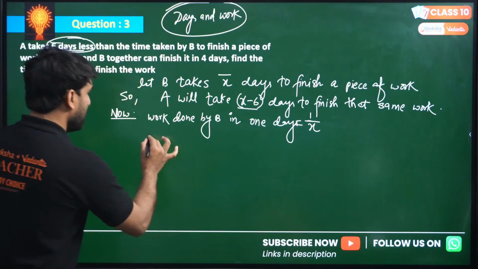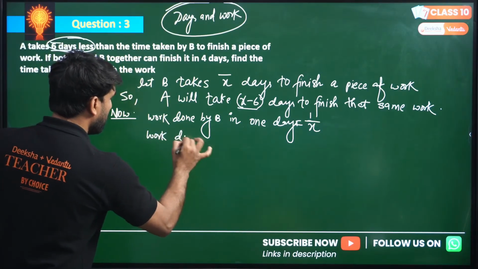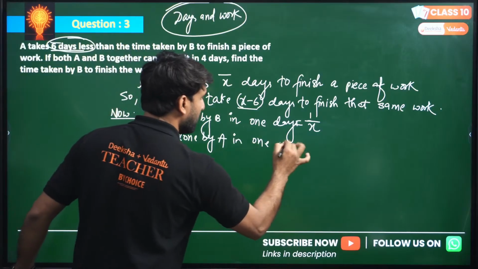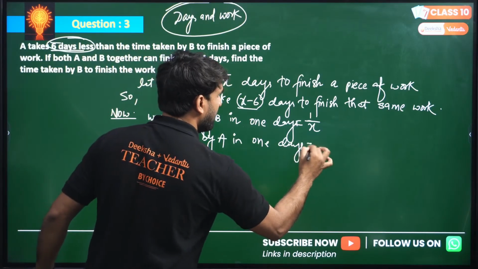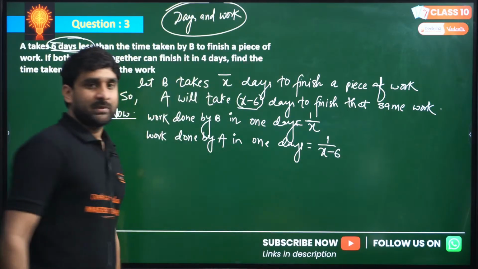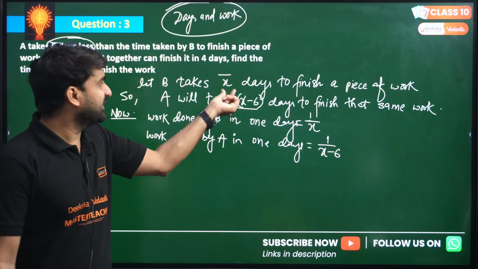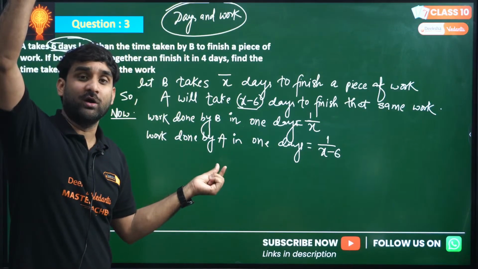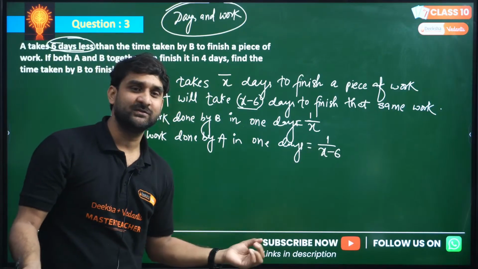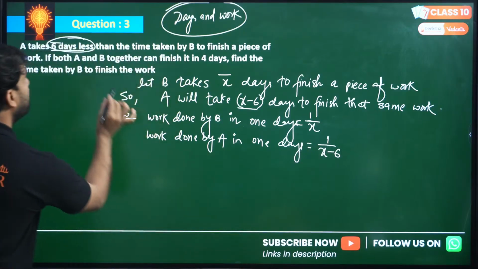And similarly, work done by A in 1 day will be 1 by X minus 6. They are taking X and X minus 6 days to complete that piece of work. So how much work is done by A in 1 day? 1 by X minus 6. Is it clear? Now, come to the second point.